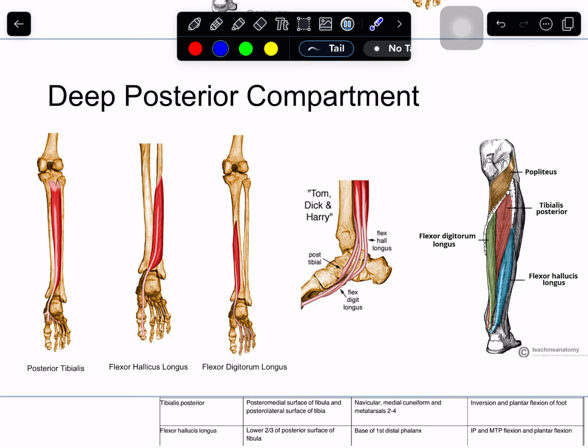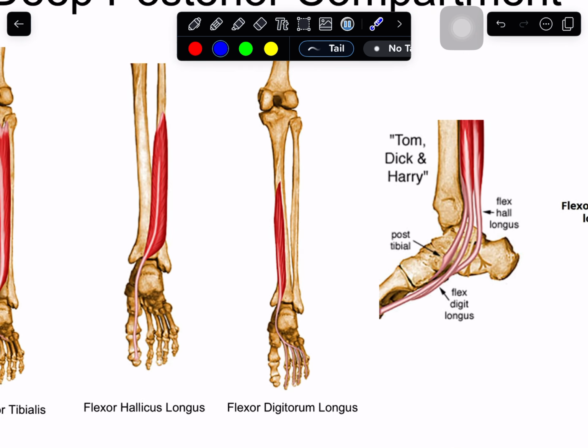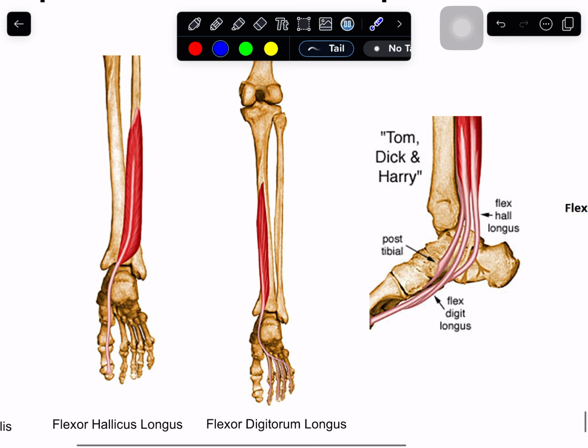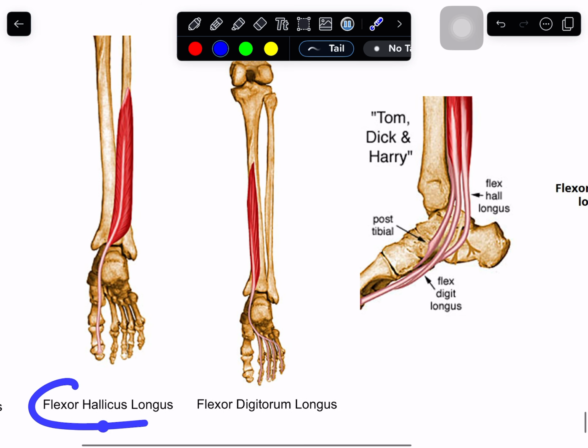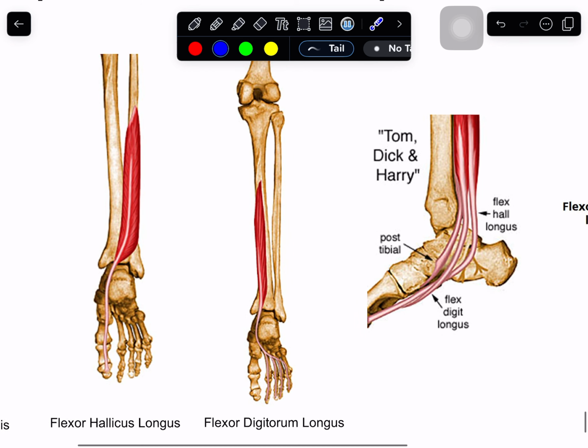So as we continue through, we're going to take a look here at our flexor hallucis longus. This muscle is going to be coming from the posterior middle third of the fibula. Right? We know this is the fibula because this is the medial side, this is the lateral side, right? So this must be the fibula.